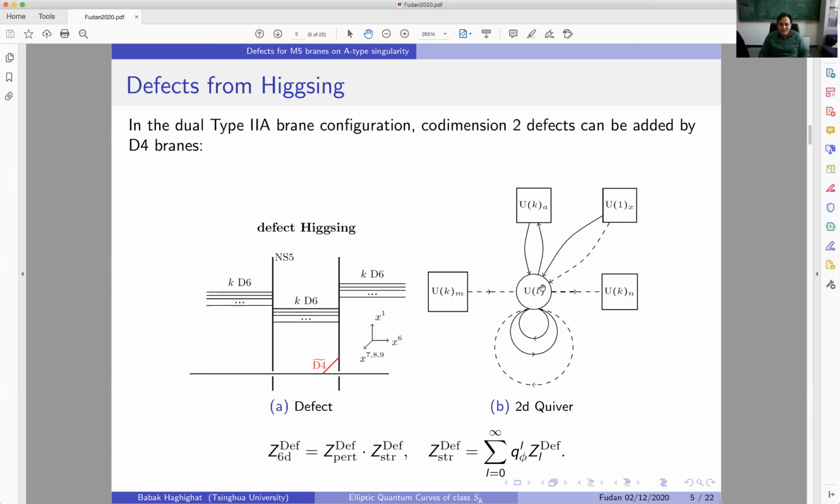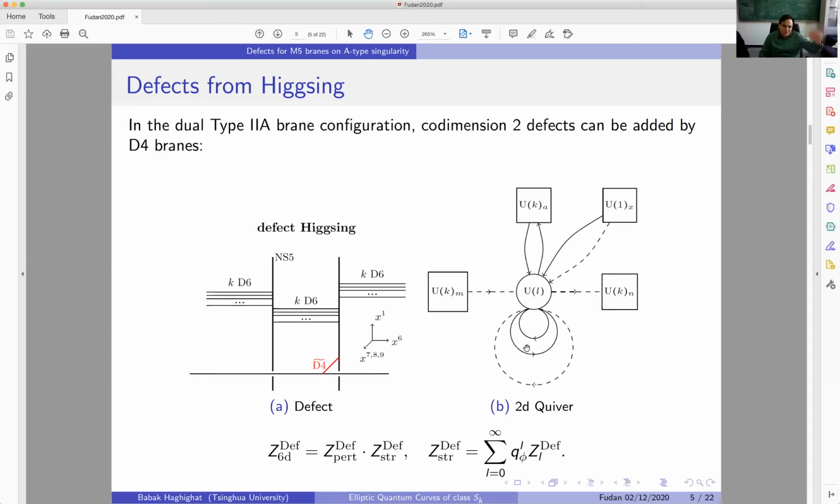So the U(L) here is the number of strings or the number of D2 branes, and these are chiral multiplets, these are Fermi multiplets, and these here again the dashed lines are Fermi multiplets, and the solid lines are chiral multiplets. And you see that indeed you have this kind of quiver, and this can be all deduced, and this has been done in the past.